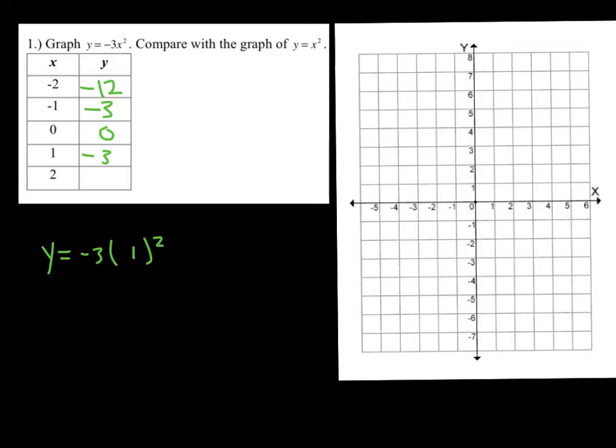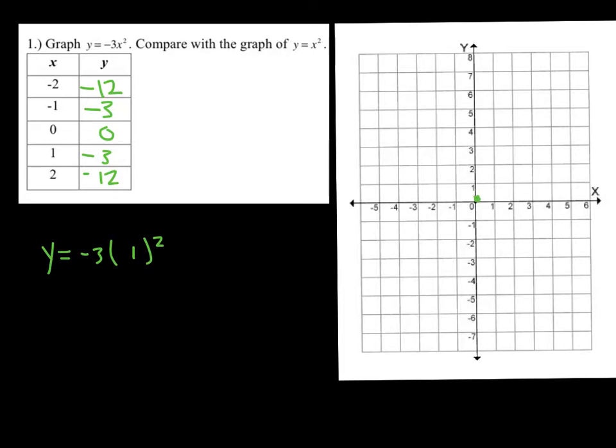And 2 squared is 4. 4 times negative 3 is negative 12. So you might be thinking, why am I getting the same points? But that's good because a parabola is symmetric. So if it's going right down through the center, if you have negative 12 as a y value on the left side of your axis of symmetry, you should have negative 12 on the right side of your axis of symmetry as well. So let's go ahead and plot the points we can plot.